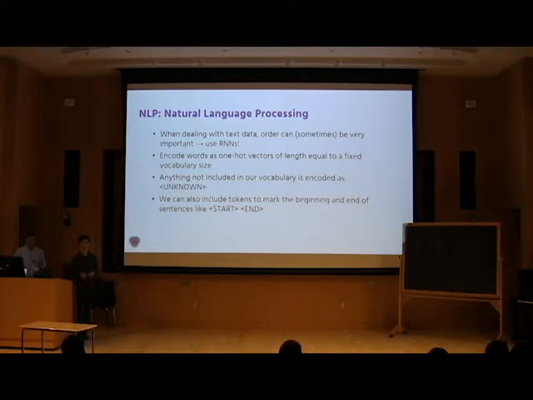So say I have a vocabulary size of 1,000, and the first index corresponds to maybe the word the. Then the word the becomes a vector with a 1 in the first place, and then just 999 zeros. And that's going to be the same for every single word. It's just going to be a very long vector, tons of zeros, and a single 1.